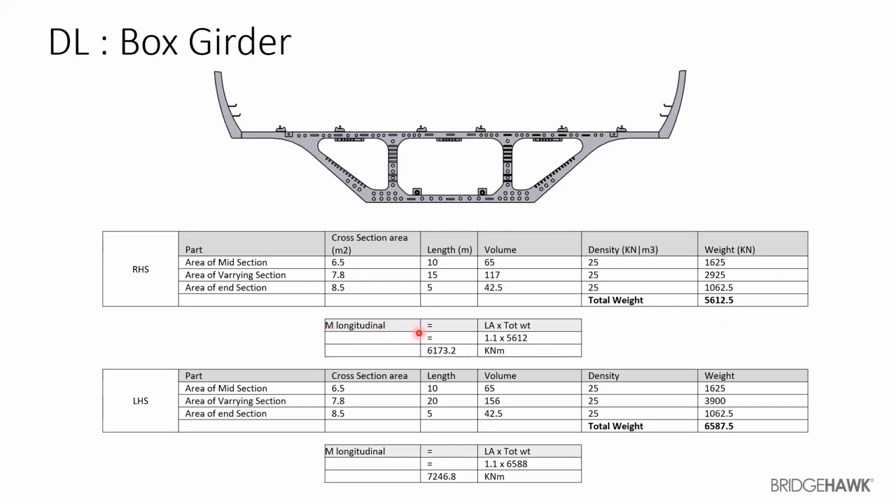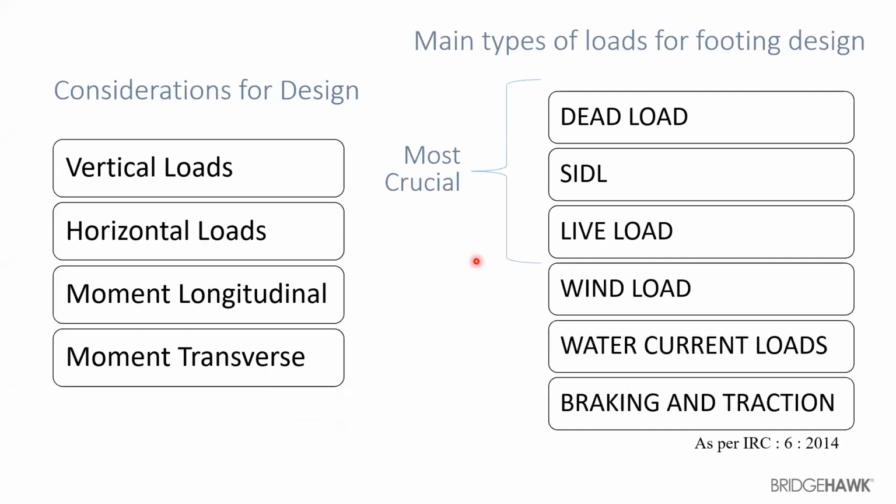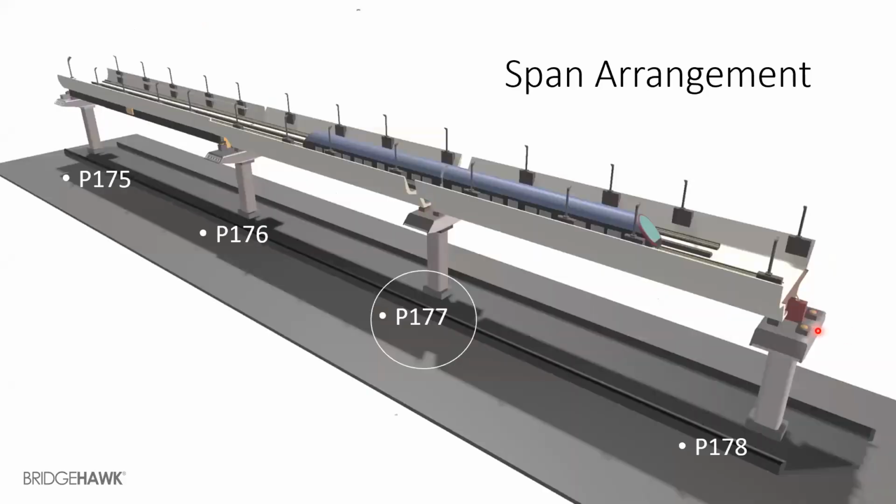Over here, I've only indicated the longitudinal moment. The longitudinal moment is only the total weight into the lever arm. So what is this lever arm? If you see over here, if my load is acting at this point, from this point onwards, what is the distance up till the face of the pier?